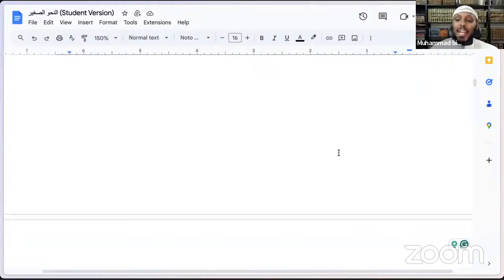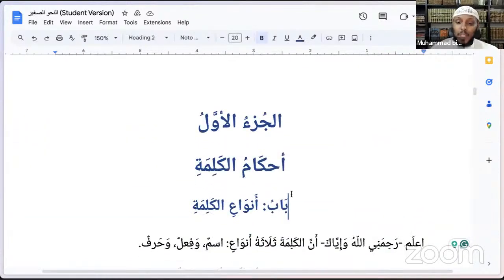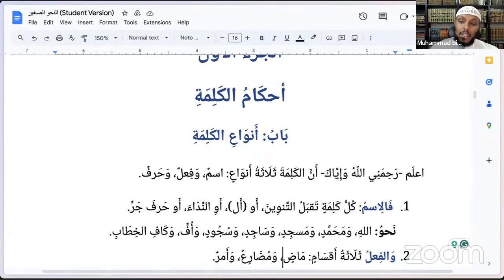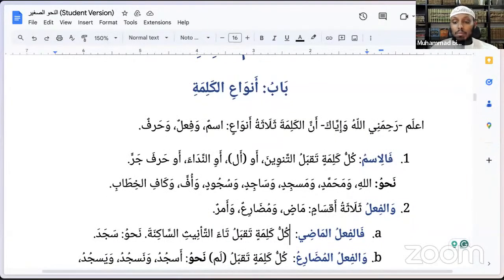Now, understanding the difference between ism, fi'l, and harf can be done in a very dry, if you like, detailed way. Or it can be done in a way whereby you have an understanding of the differences between these words. واضح?